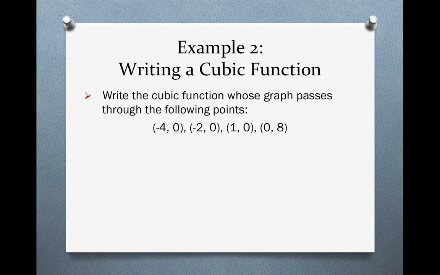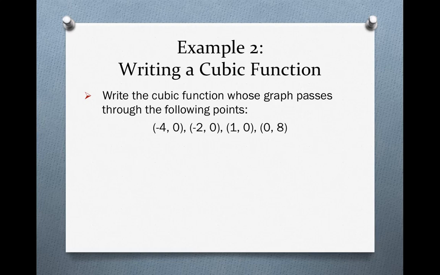Now sometimes we're not given the graph of the cubic function, we're just told some things about it. So in this case we're told that our cubic function passes through the points (-4, 0), (-2, 0), (1, 0), and (0, 8).